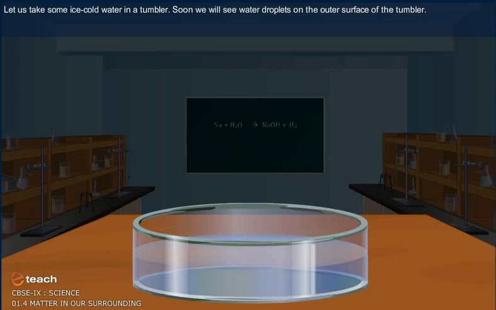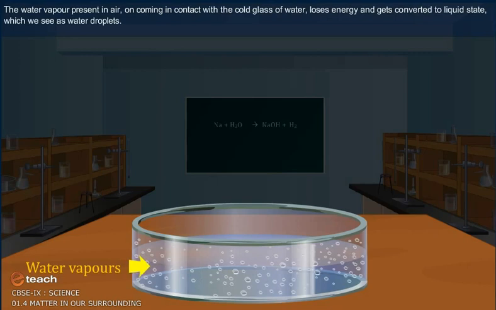Soon we will see water droplets on the outer surface of the tumbler. The water vapor present in the air, on coming in contact with the cold glass of water, loses energy and gets converted to liquid state, which we see as water droplets.